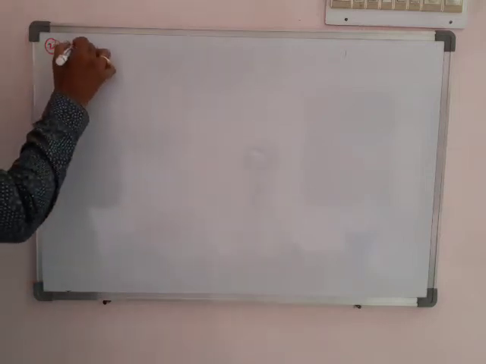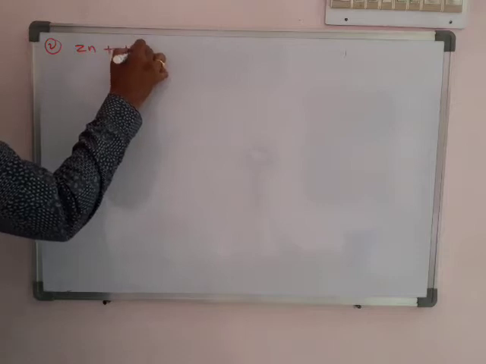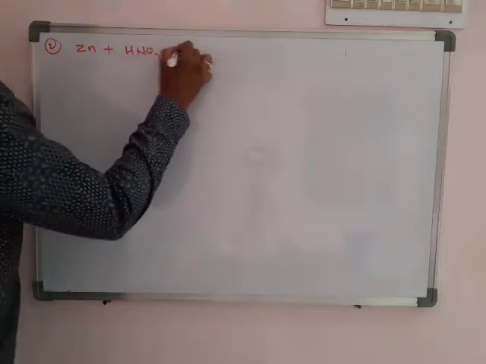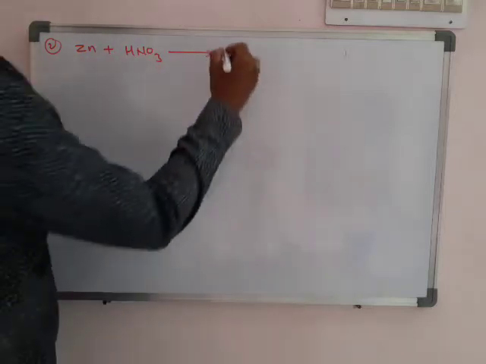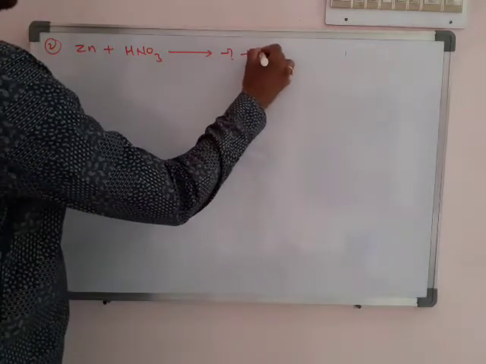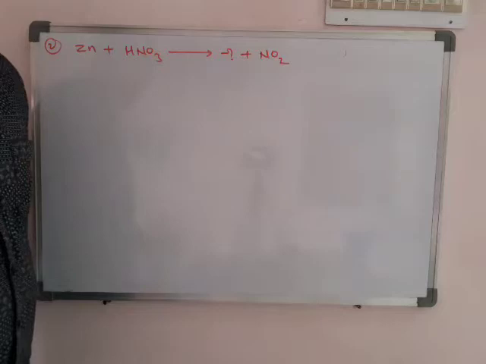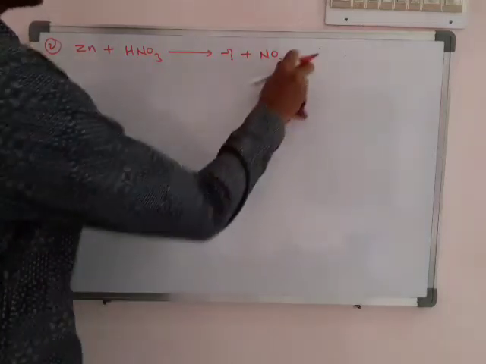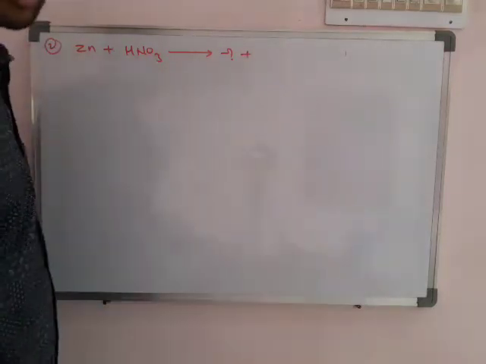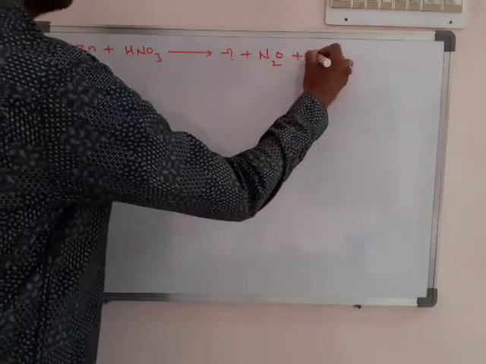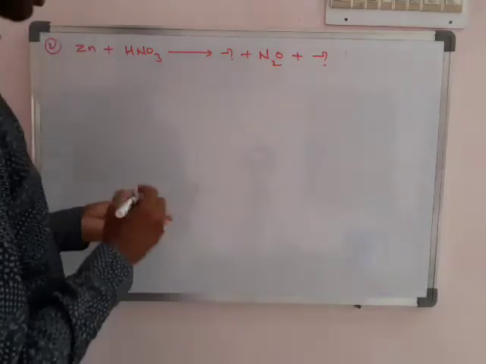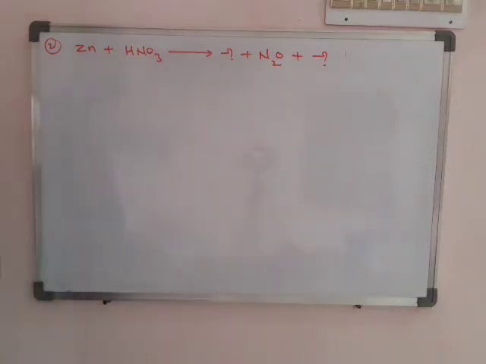So that is zinc. Again HNO3, giving a question mark plus nitrous oxide, not nitrogen dioxide. So the given oxide is nitrous oxide, N2O. It is also called nitrous oxide or laughing gas.